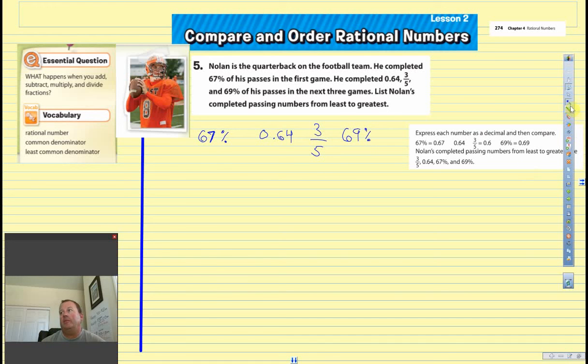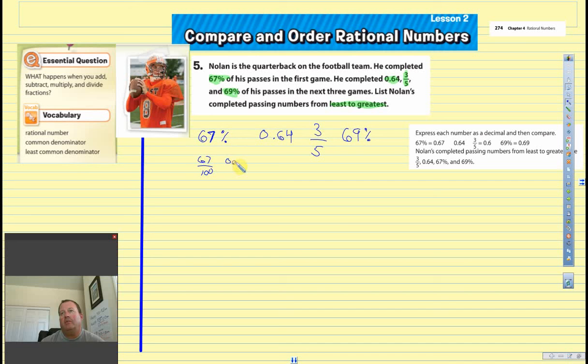And you can highlight them too, if you go through your highlight. And you have these in your book. You could always highlight this in your book too, if you feel like it, or you can write it out. List Nolan's completed passes from least to greatest. Well, I got to change this. Remember, this is 67 over 100.